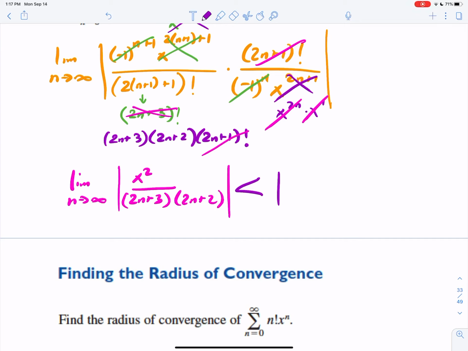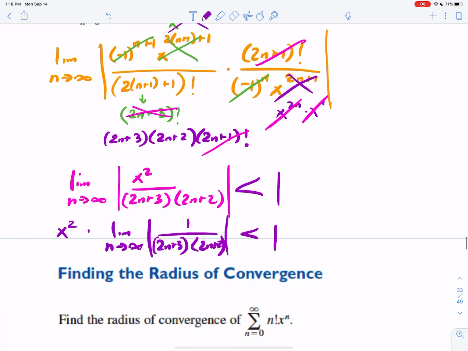N is going to infinity, so x squared has nothing to do with it. I'm going to pop that outside. Now I just have the limit as n goes to infinity of 1 over 2n plus 3 times 2n plus 2. It's obviously getting larger in the denominator, so you know that limit there is going to come out to 0.